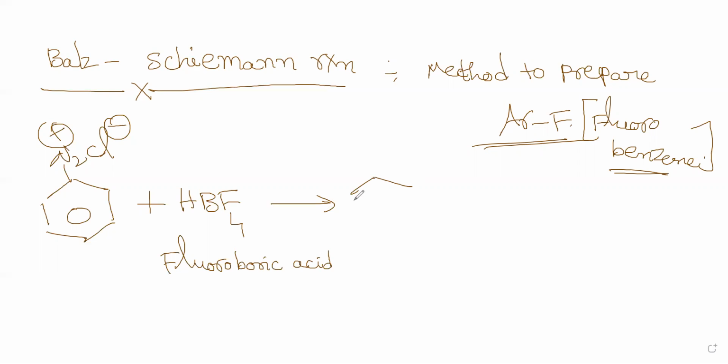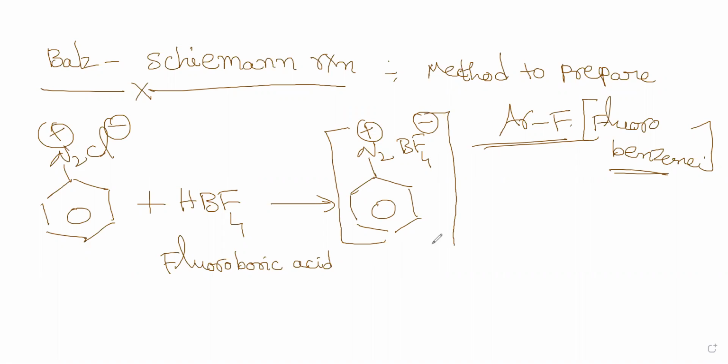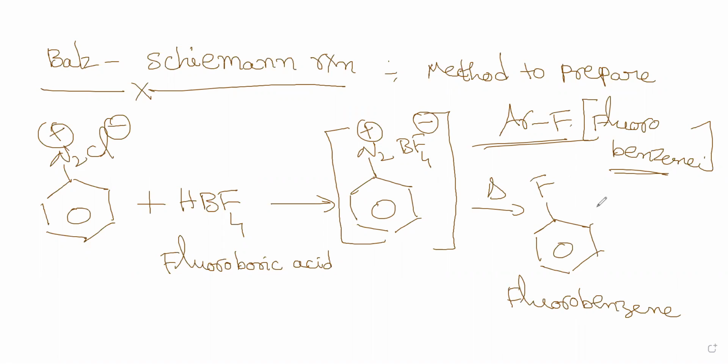Once it is treated, you get N2+ BF4-. Then you heat it, and when you heat, you get fluorobenzene plus BF3 plus N2.